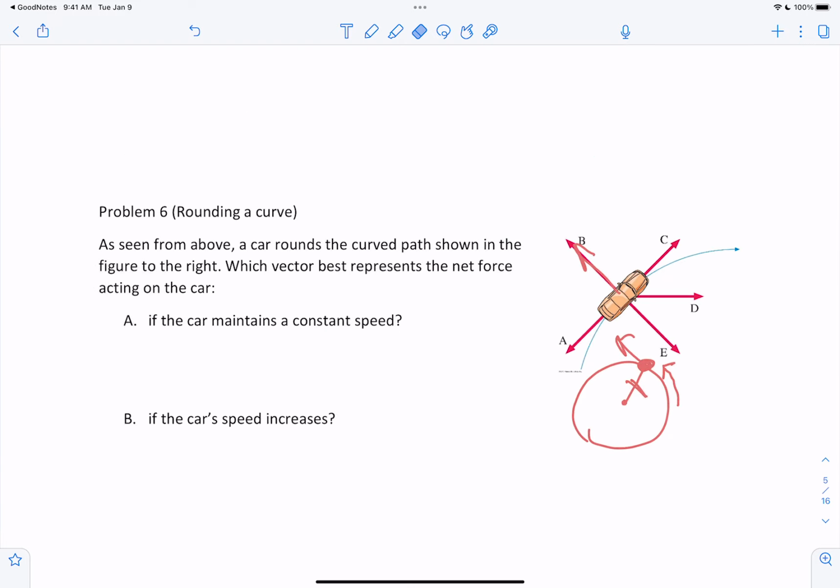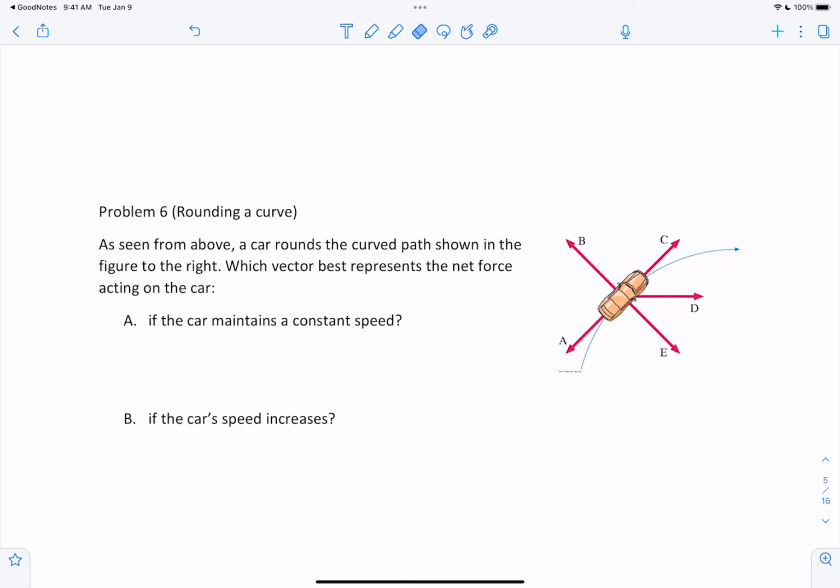Now, if we're talking about this example here, seen from above, a car rounds the curved path. Which vector represents the net force acting on the car? If the car is maintaining a constant speed, there's no change in the magnitude of velocity, but there is acceleration that keeps us moving in that circular path.